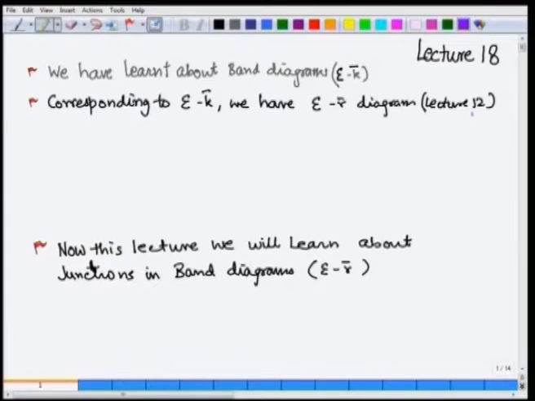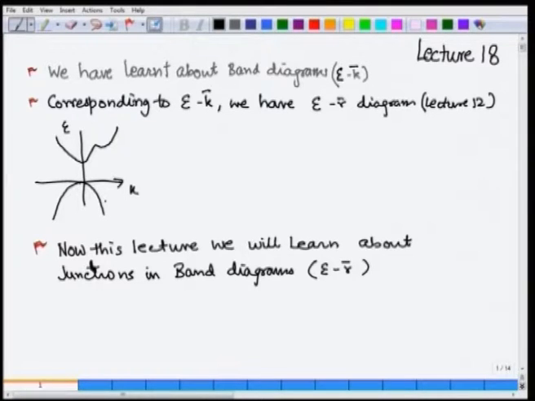If you recall, what we had done was that we had drawn a band diagram, an E-K diagram, saying that if this is the K axis and this is the energy axis, then for some direct semiconductor the conduction band looks like this and the valence band looks like this.